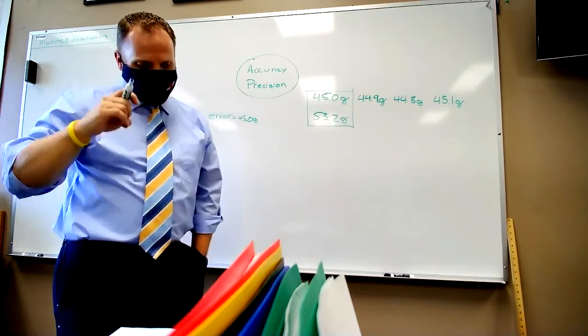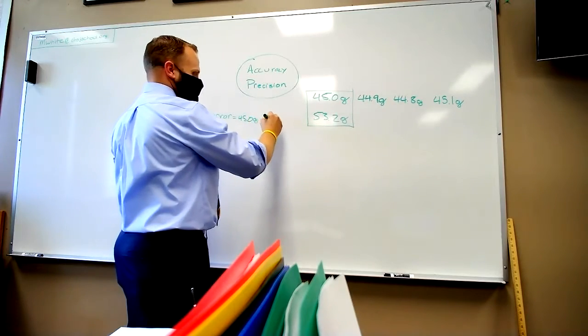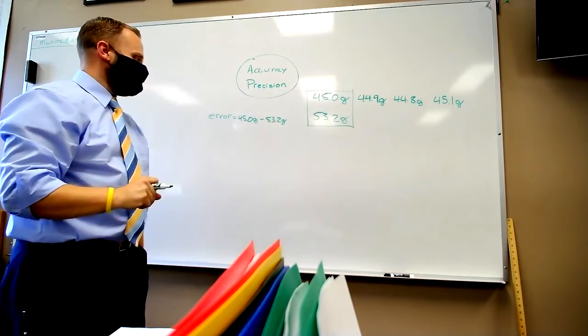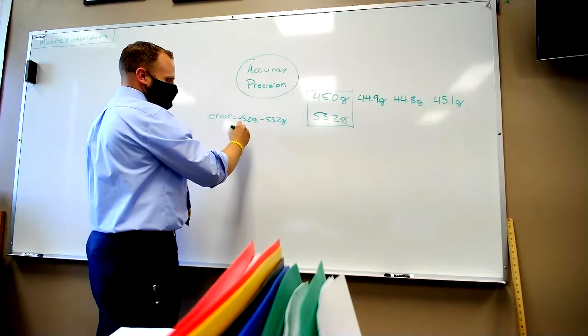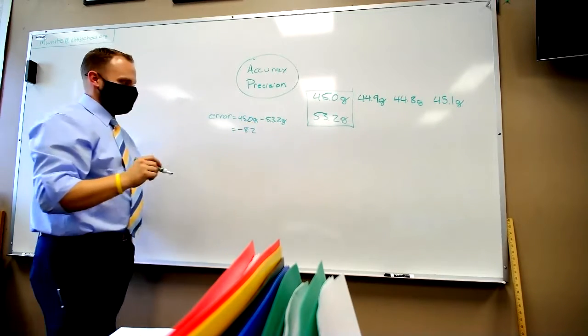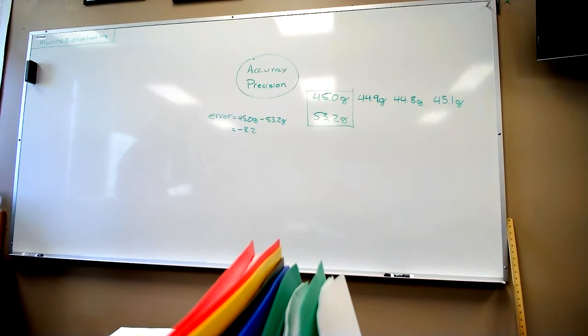And then we subtract the accepted value. So our error ends up being minus 8.2. Does that make sense? We were 8.2 grams off the accepted value.